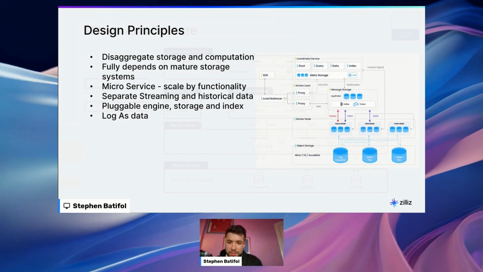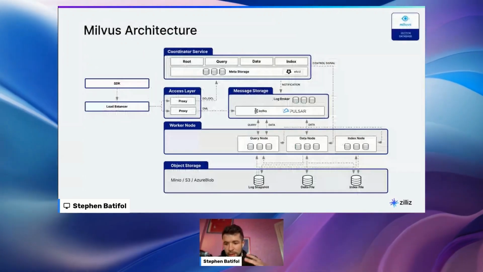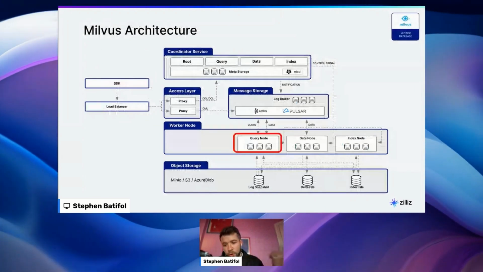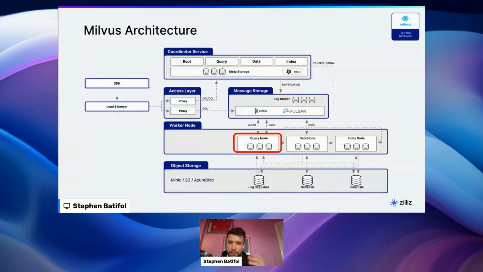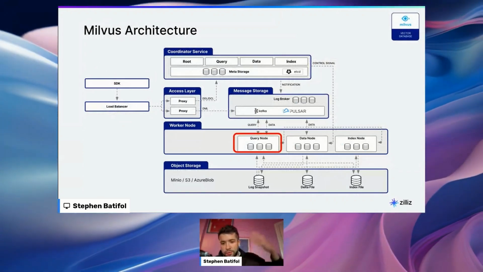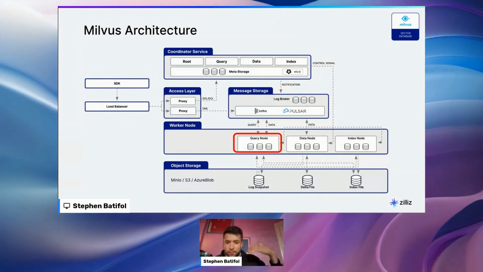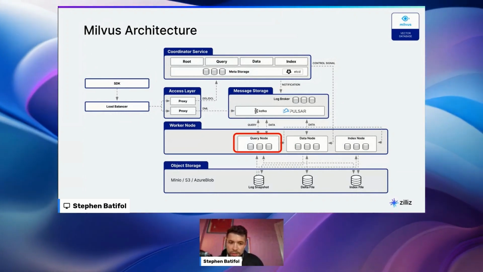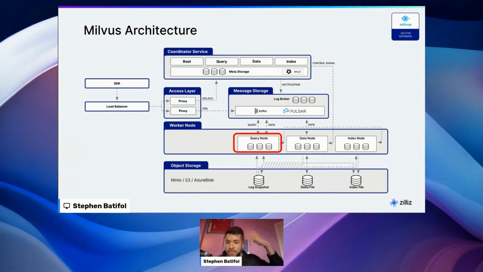So yes, that's the architecture. That's the same, but with a bit more detail. What I was saying before is that you have the query node, which is circled in red here. This one is here to help you serve search requests. It's subscribed to, let's say, Kafka, if you use Kafka, so you have real-time updates for all the data that is coming. Then it's going to convert this data into what we call segments.